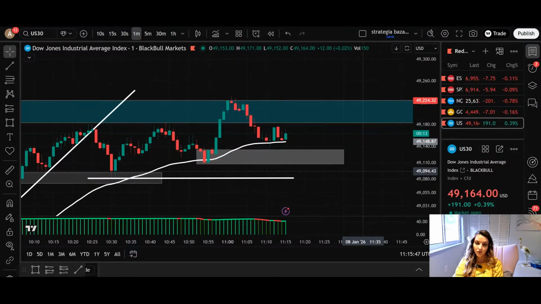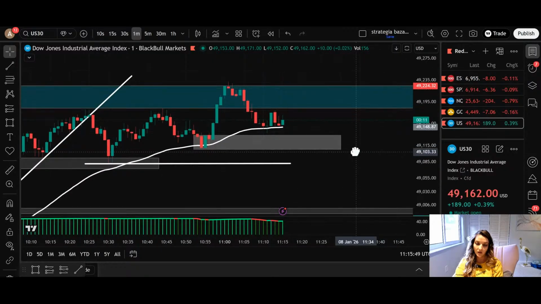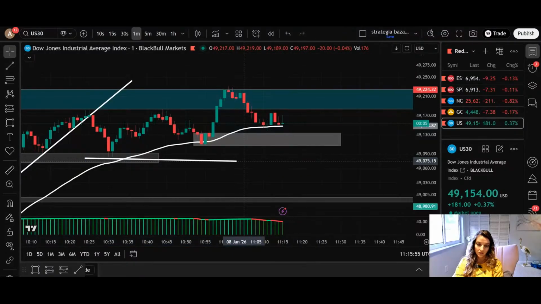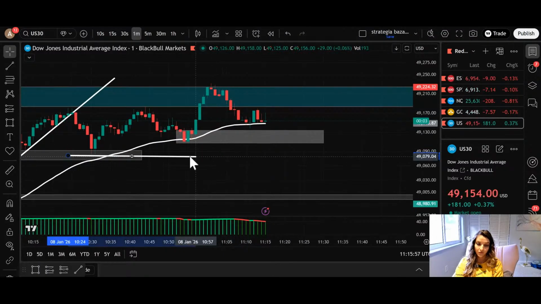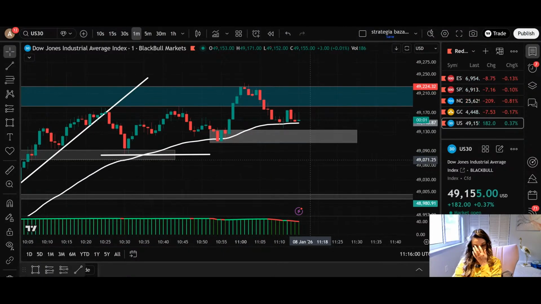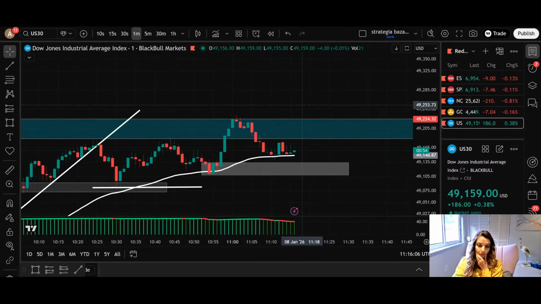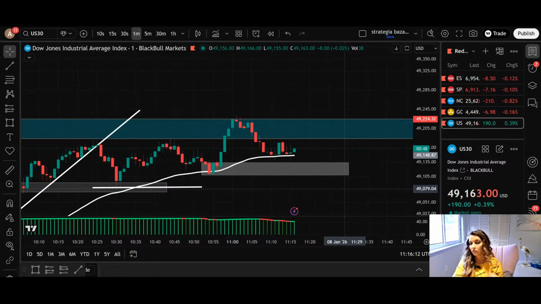An entry on US30, that's what I'm waiting for. I'm personally looking for a short. Or a long if it breaks this blue and retests it, but as it stands right now, I'm looking for a short. We'll see.